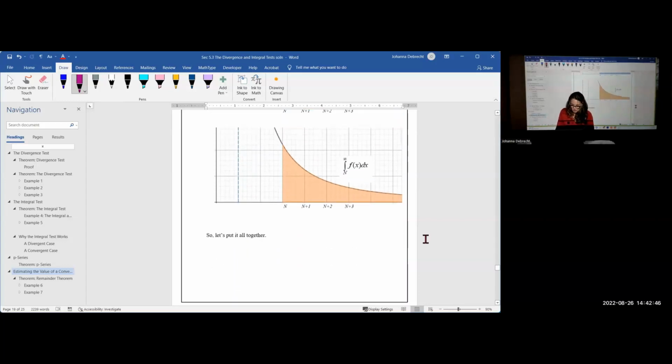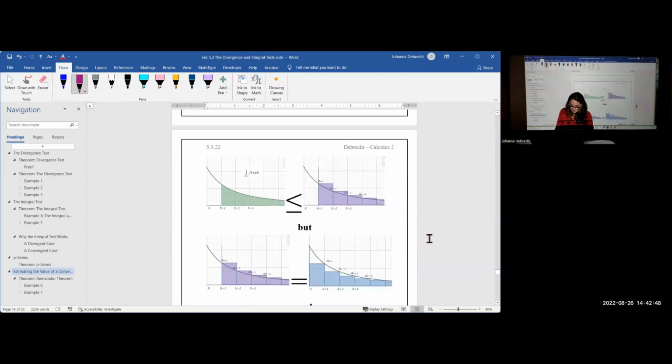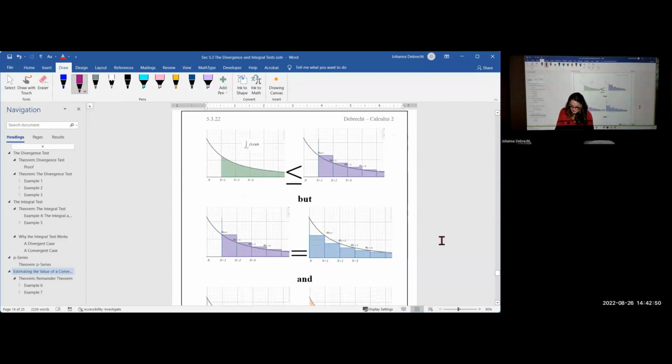So now let's put all of this together. When we look at this, we have the area from uppercase n plus 1 in green has to be less than or equal to the left Riemann sum, which represents R sub n, the error involved, the remainder, the terms we didn't include in the approximation.